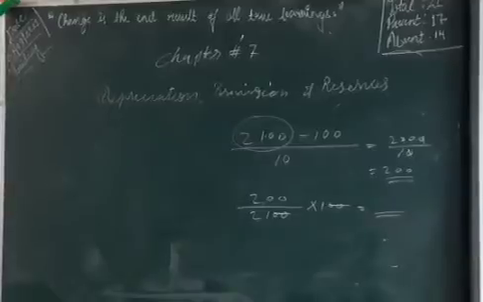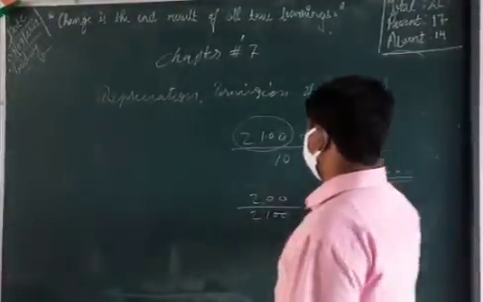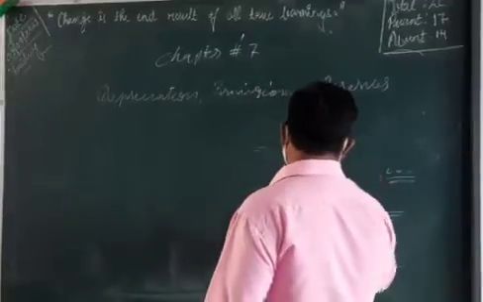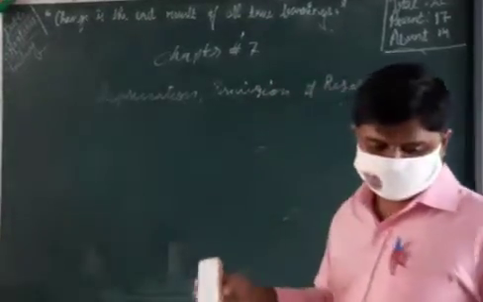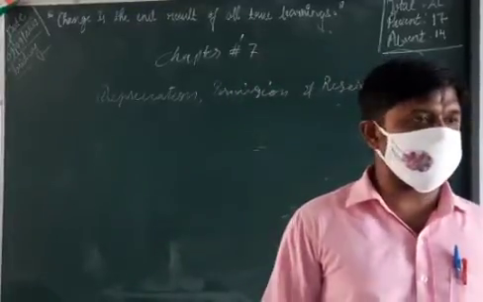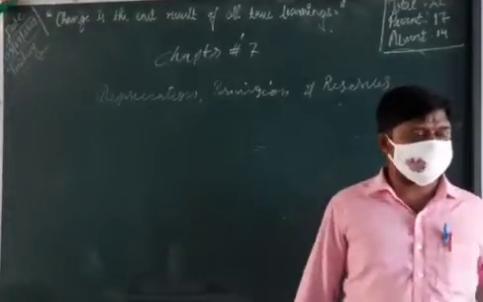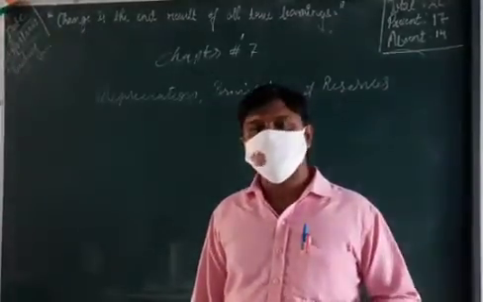So we can see some advantages and limitations of the straight line method of depreciation. First, the advantages. First of all, this is very easy. By seeing it you understand that this type of depreciation is very easy.